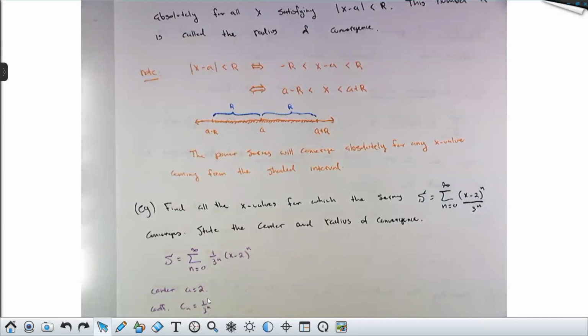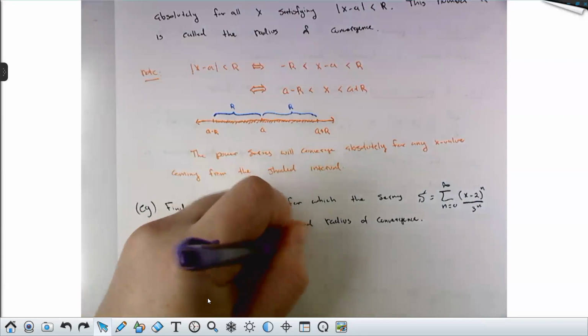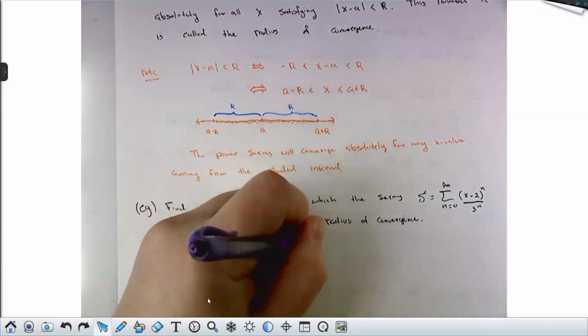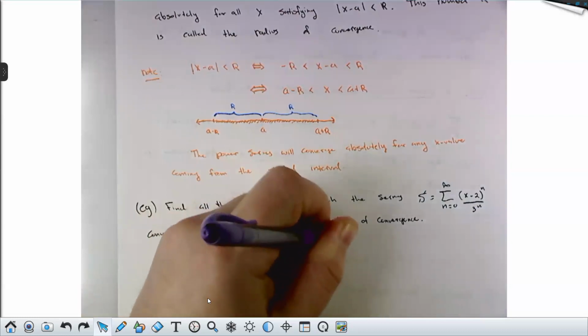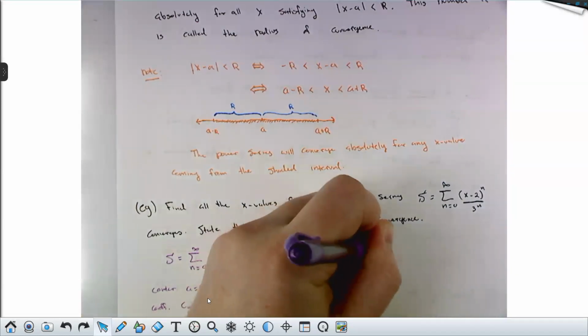Geometric. Yes, this is a geometric series. Not all power series are geometric, but some of them are. This is the same as x minus 2 over 3, all to the n. So this, in addition to being a power series, is geometric.